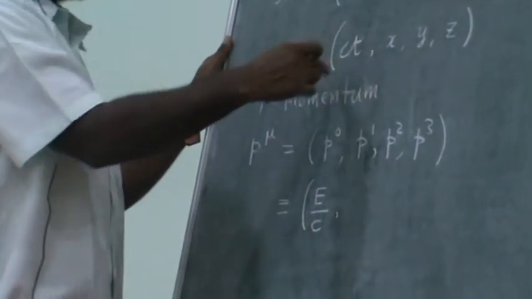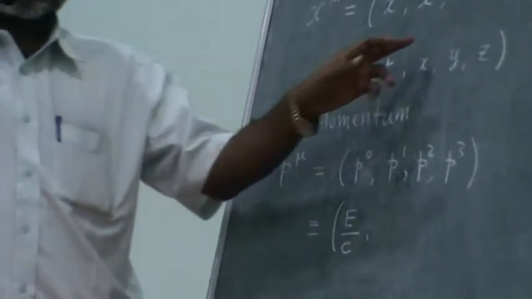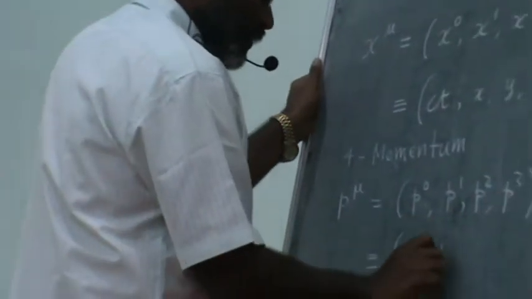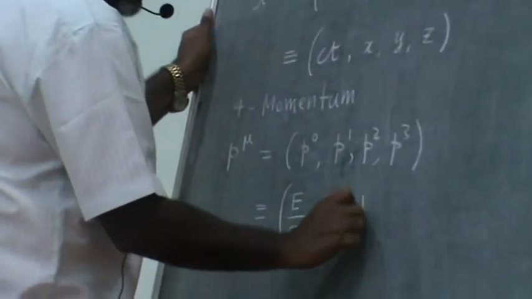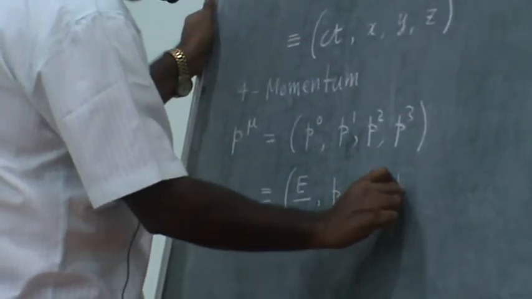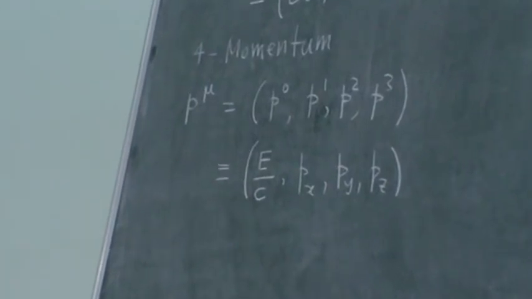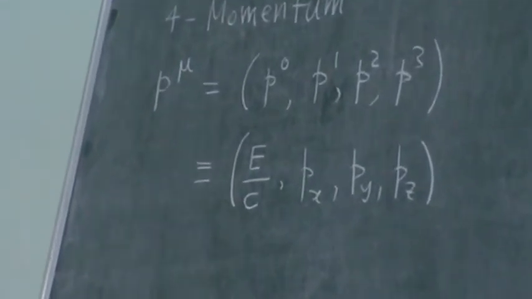This is called the time-like component, and these are called space components. So E by c, the x component, y component, and z component of the momentum. So energy and momentum are combined, and space and time are combined.